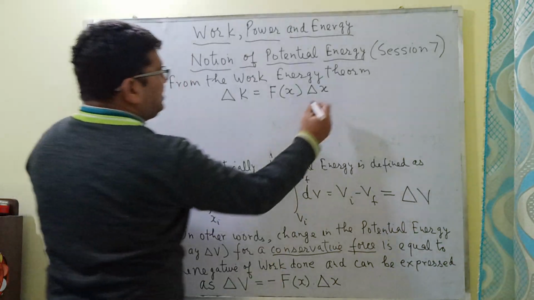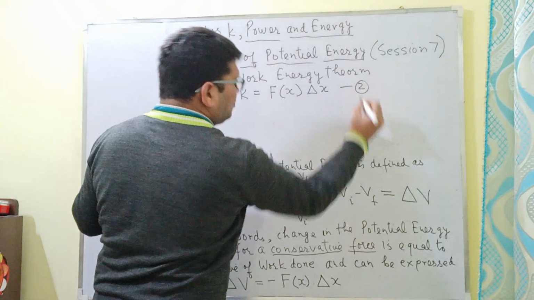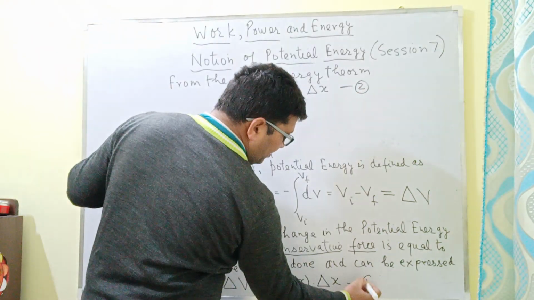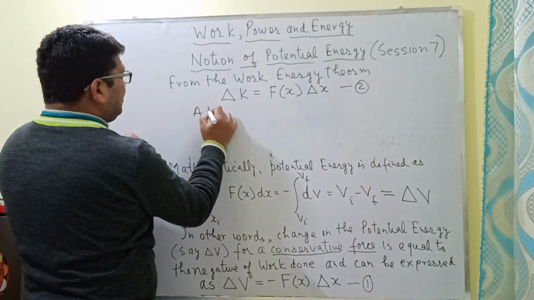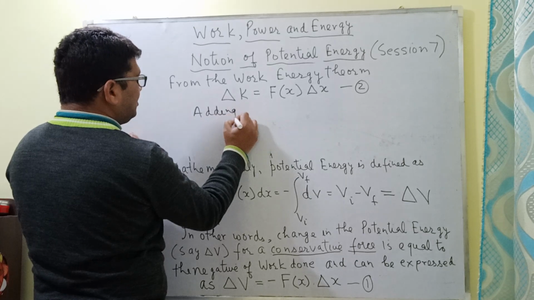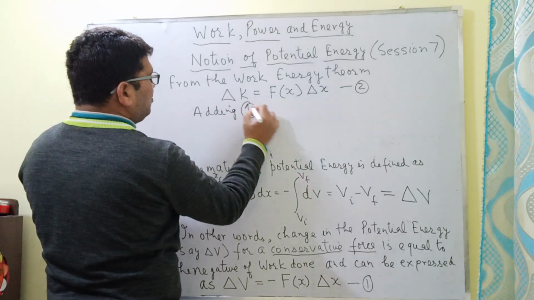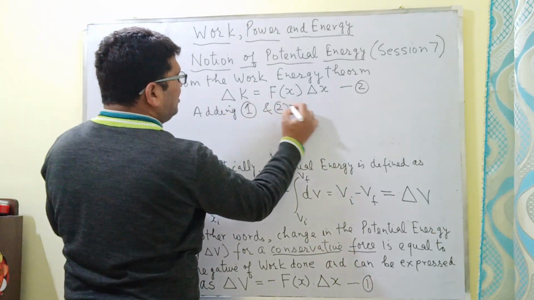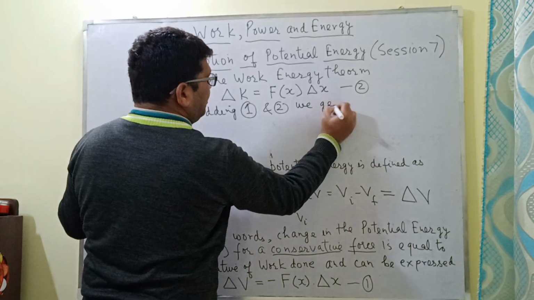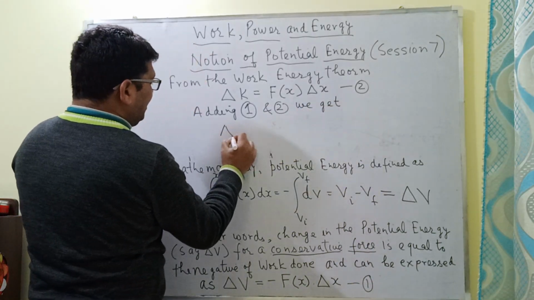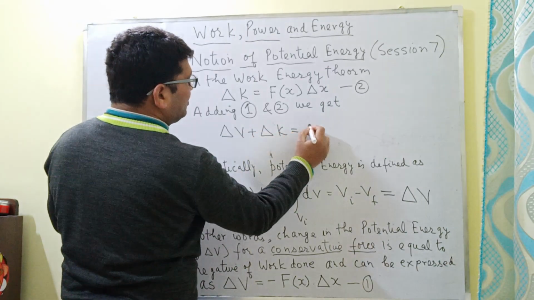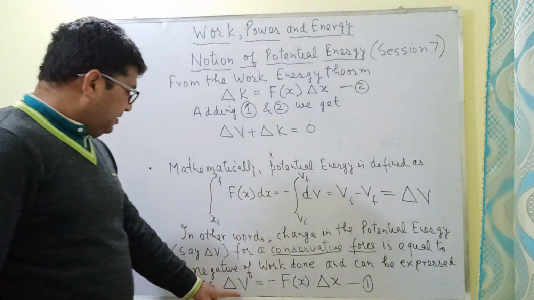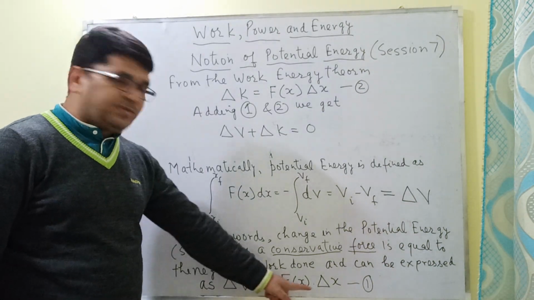So let us say this is equation 2 and this is equation number 1. If I add both these two equations, adding 1 and 2, we get delta V plus delta K equal to 0, because delta V is equal to minus Fx delta x.